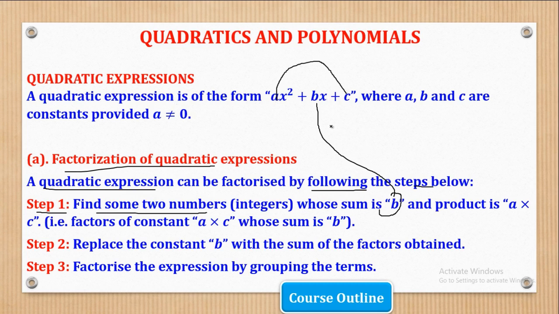So you find 2 numbers whose sum is b and product is equal to a times c. Then step 2, replace the coefficient b with the sum of the factors obtained. And step 3, factorize the expression by grouping the terms.